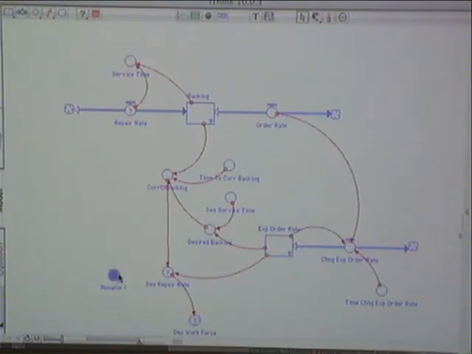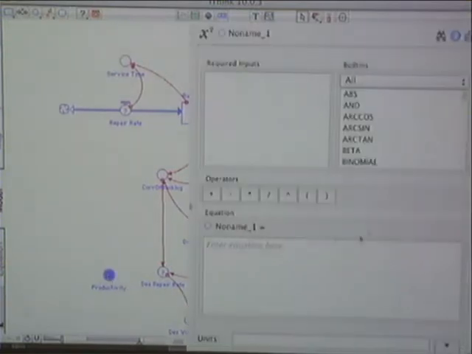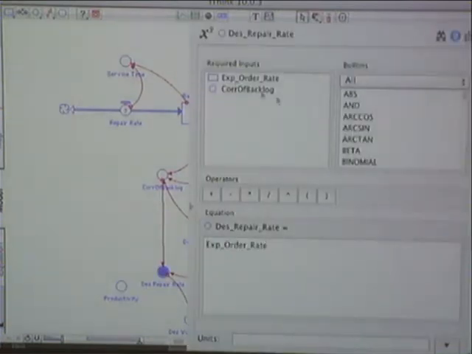So in other words, here's a productivity, which is a constant in the model. And the productivity is set to 20 bicycles repaired per day, per person. Okay? So now I have the desired repair rate, which is equal to the expected order rate plus the correction for backlog.